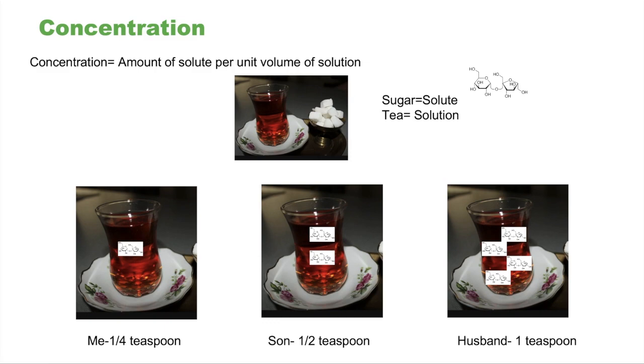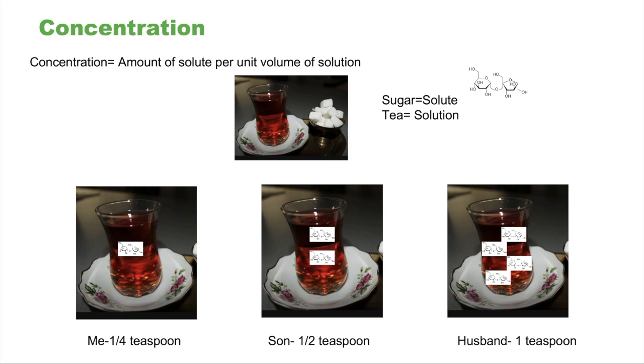So before I go on explaining the concept of pH, first we need to talk about the concept of concentration. Concentration refers to the amount of solute per unit volume of solution. Remember, we talked about solutions, and a solution is made up of solvent and solute. And when it comes to life, the solvent is water and solute is anything else that is dissolved in water.